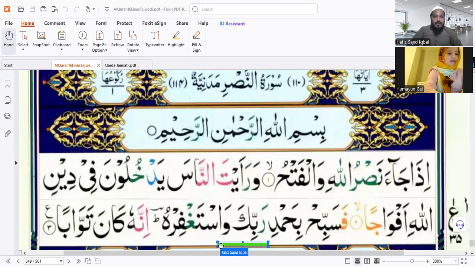Rabbika. Was. Same method, apply like you did here to connect the sakin letter with waw. And this is a lin sakin again. Same method, apply. Was. Connect them.